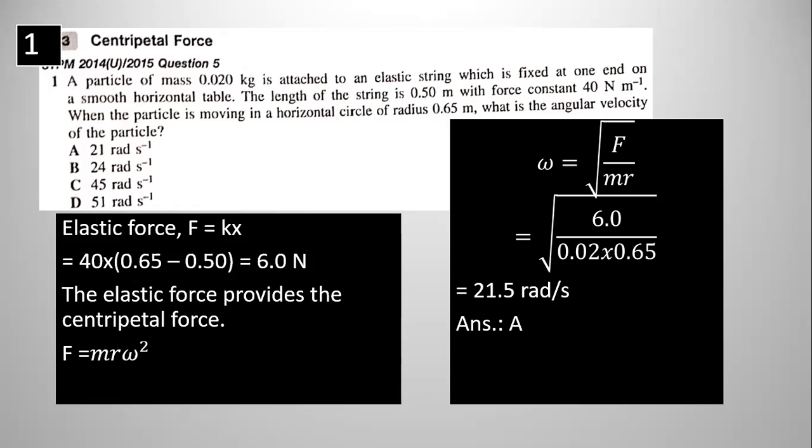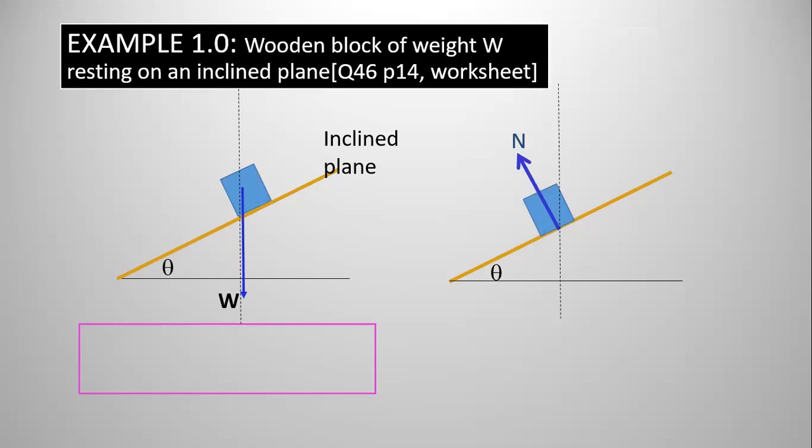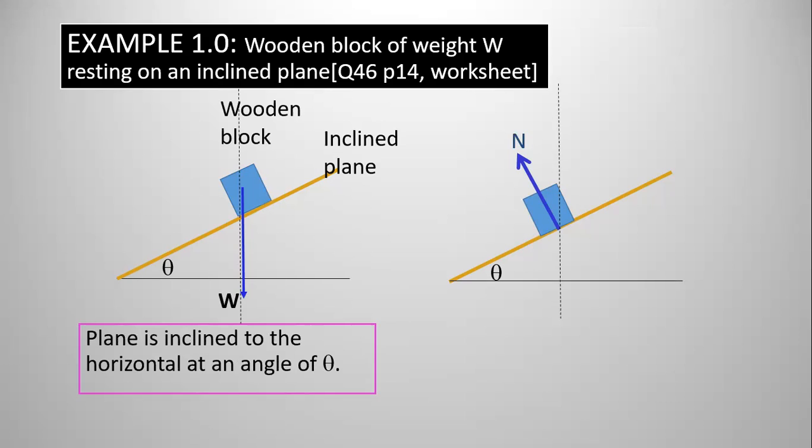Yeah, okay, teacher. Question 2, is it? Yeah, question 2. The answer is C. Must remember all these. If you can memorize it, good. There's a wooden block on an inclined plane at angle theta to the horizontal. So you must remember there's your theta, there's a W cos theta, there's a W sin theta.